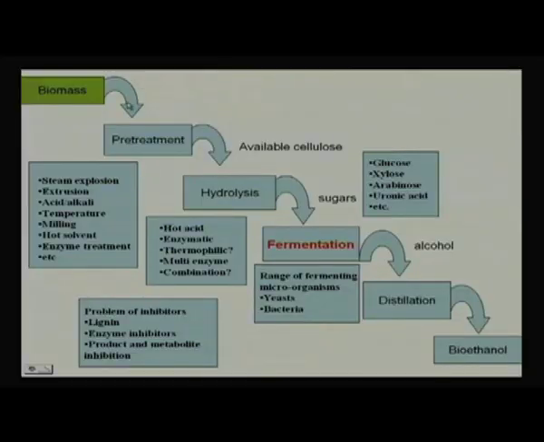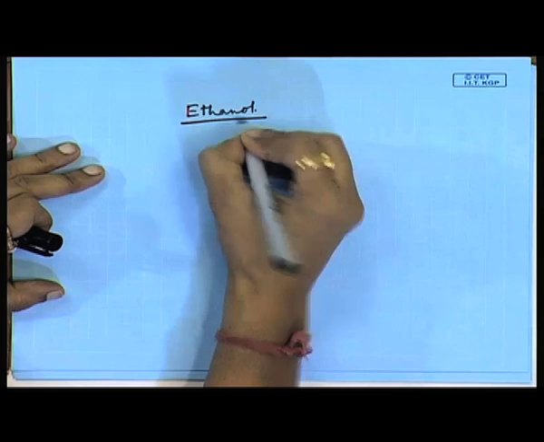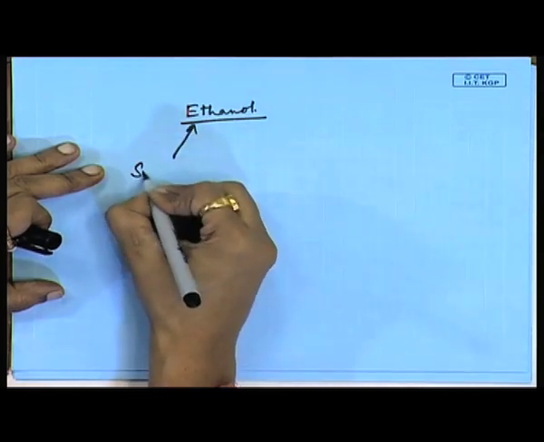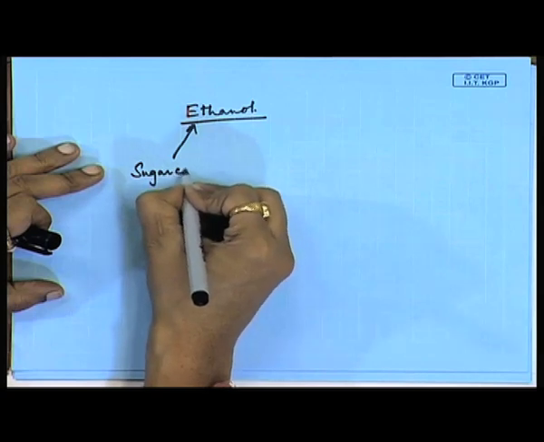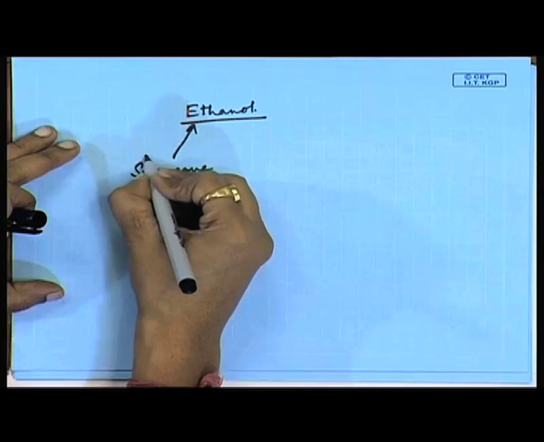Now, if we see the overall production process, as I have discussed, ethanol can be produced from sugarcane. What are we getting from sugarcane?